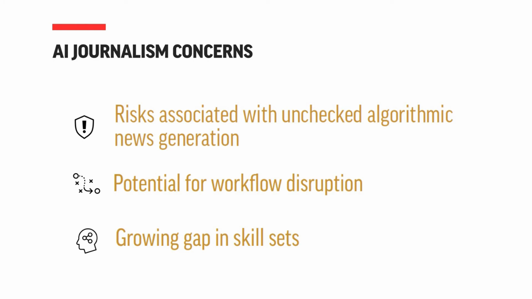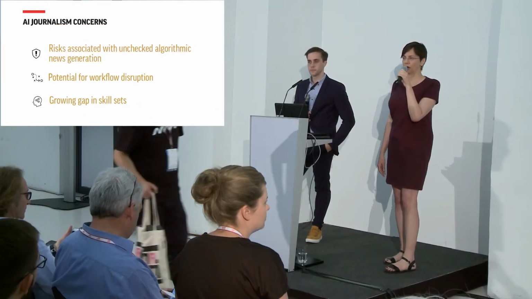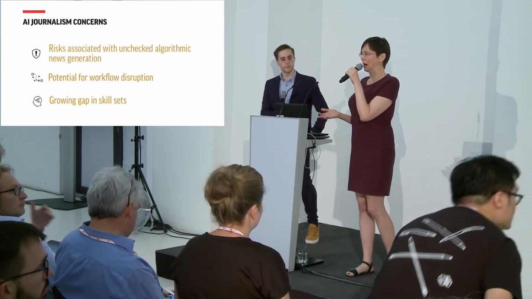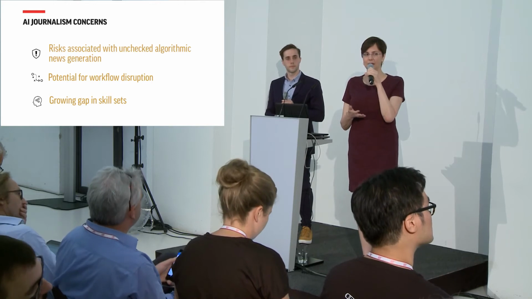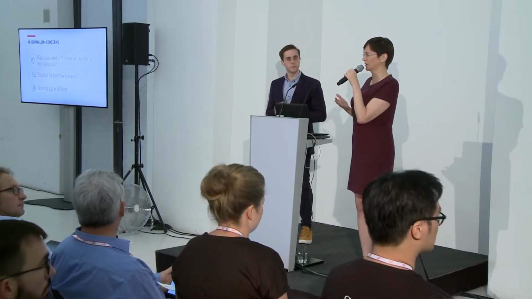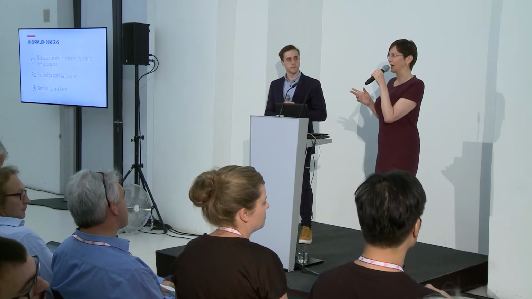So let's talk about the risks associated with automated stories or augmented stories. One of the most common questions I get about our automated stories at AP is, what about errors? What happens, does the robot make errors? How do you deal with that? So I'll say a couple of things about that.